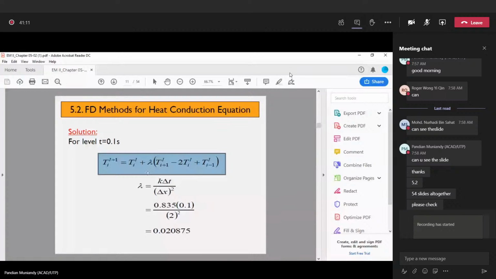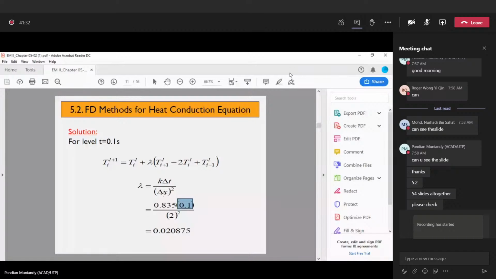So the first step is to find lambda. How do you find lambda? You need the K value. K is 0.835, del T is 0.1, and del X is 2 squared, which is 4.